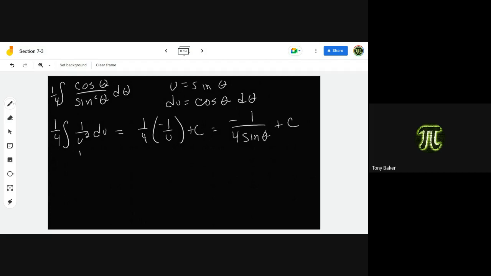This right here is u to the negative second power, so we have to add 1 to that and bring it down. So it becomes negative 1 u to the negative first power. That's where the negative sign came from. And then I just do u's down the bottom.